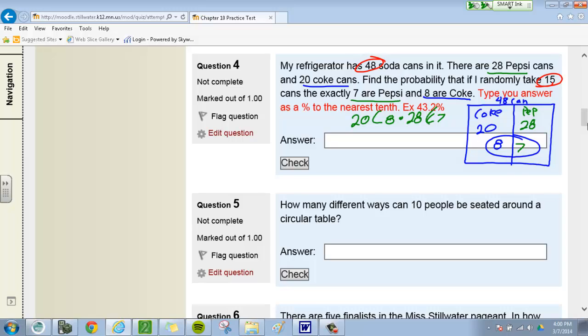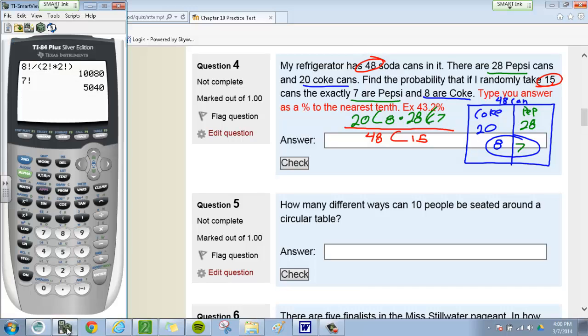I should make that bigger, C. That's how many ways you can choose specifically 8 of the Coke and 7 of the Pepsi. You have to divide that by how many ways you can choose 15 cans from the 48 cans. If we put that in our calculator, it will give us the probability of choosing exactly 8 Coke cans and 7 Pepsi cans from 20 Coke cans and 28 Pepsi cans, as long as the probability was the same for each one.